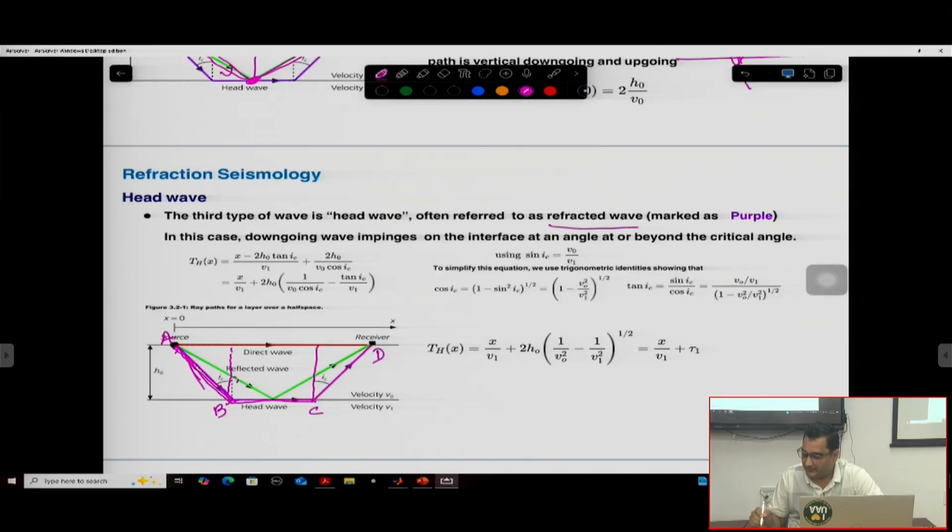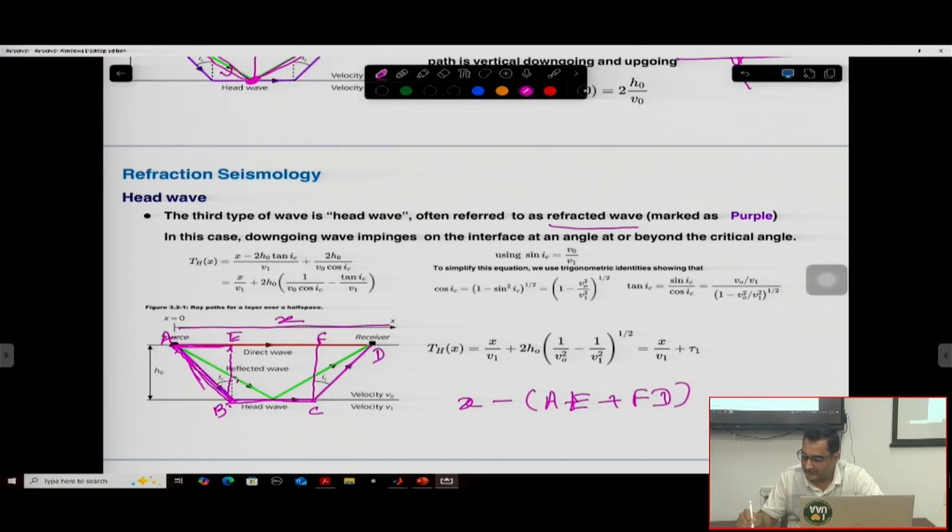Okay, likewise you can calculate the BC distance by subtracting these distances from X. Okay, this total distance is how much? This is your X, right? And let's suppose this is E here, this is your F. Okay, so BC is X minus AE minus FD. So AE and FD will be equal, so you can take the difference.